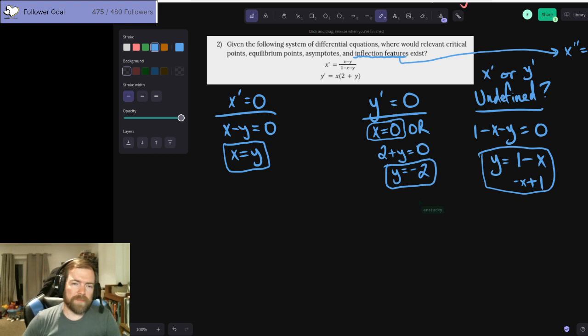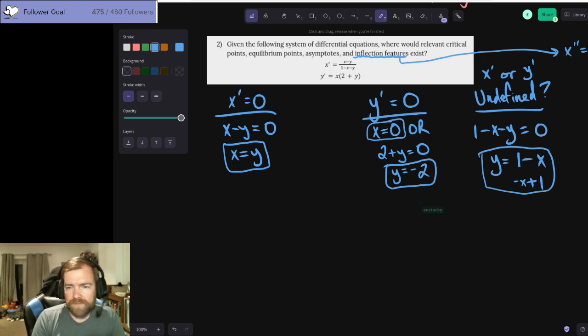X prime being equal to 0 is going to get us a pure vertical line. Y prime being equal to 0 is going to get us a pure horizontal line. And undefined is going to be that there is no particular behavior at that point. Or we could potentially find a behavior if it just happened to work out.